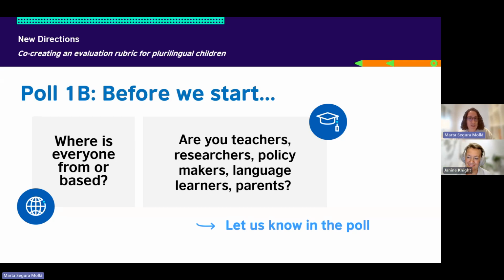And then we have a second quick poll before we begin. We would like to see why you're here today. So what is your role today? Are you here as teachers, as researchers, as policymakers, language learners, or parents, or carers, or maybe more than one? You should now see a poll pop up on your screen. And we'd like for you to tick the options that best represent your role here today.